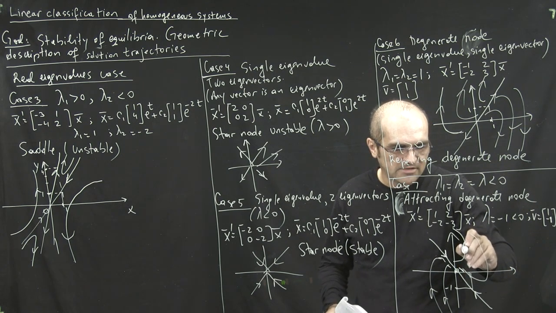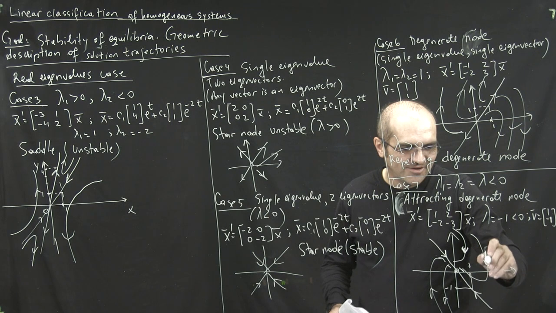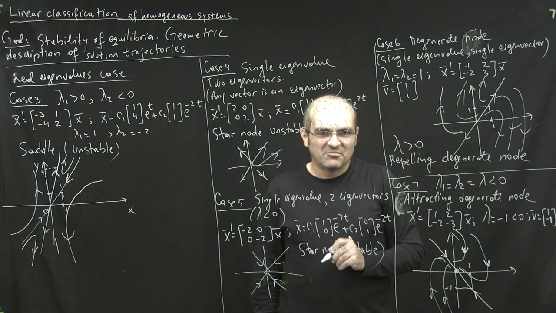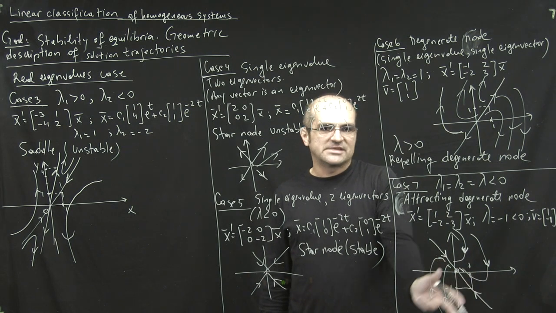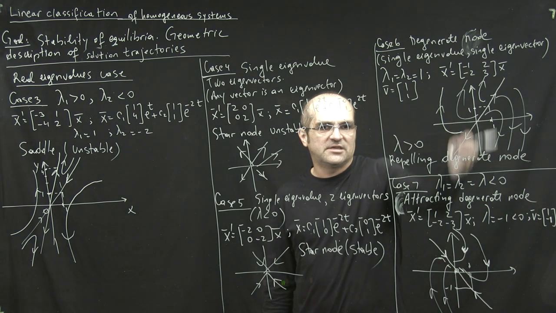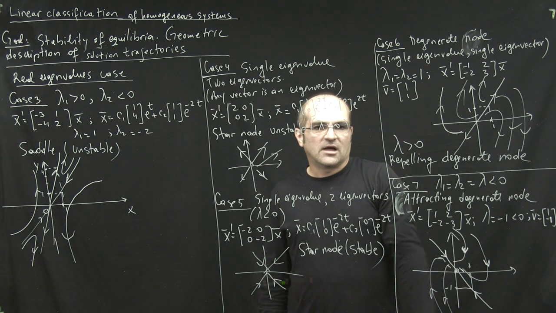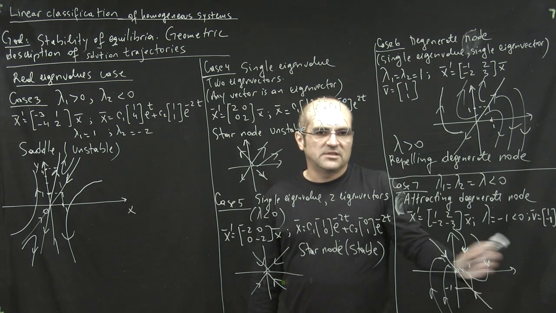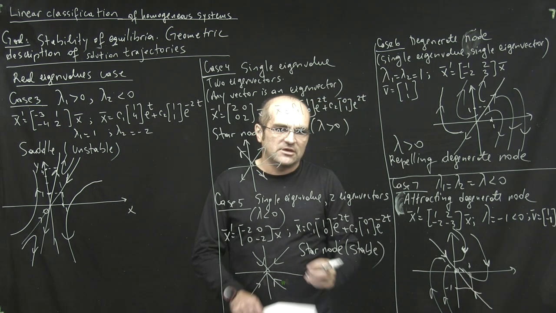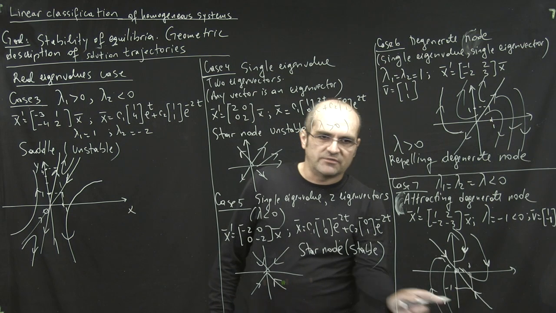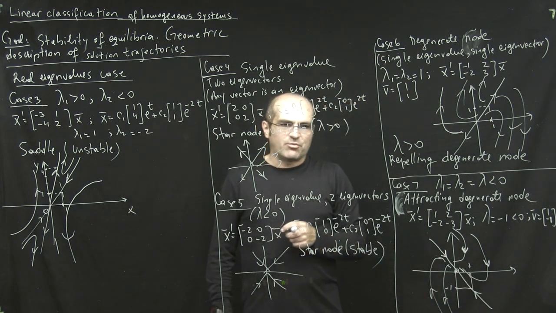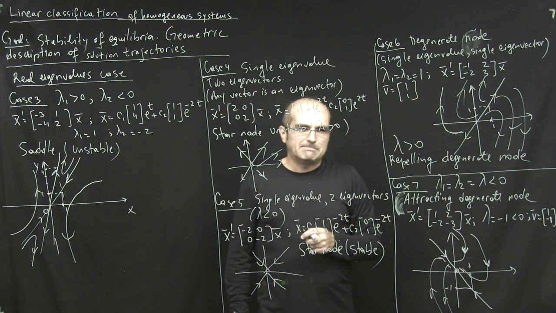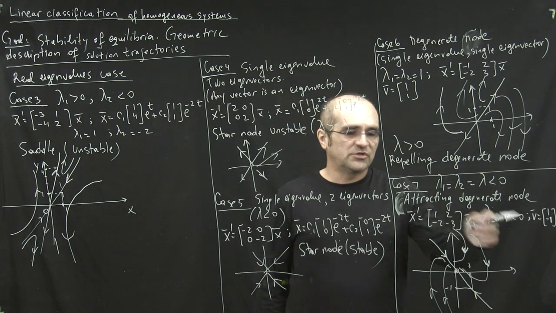I'm not really good at this, obviously, with the picture, but roughly that's the idea. So it's the opposite of this. Now of course, the eigenvector is different, that's why the line you see here is different than this one. But same idea: the solution moves now towards 0, all other solutions curve towards 0 as well, and there is only one straight line solution corresponding to the only eigenvector.